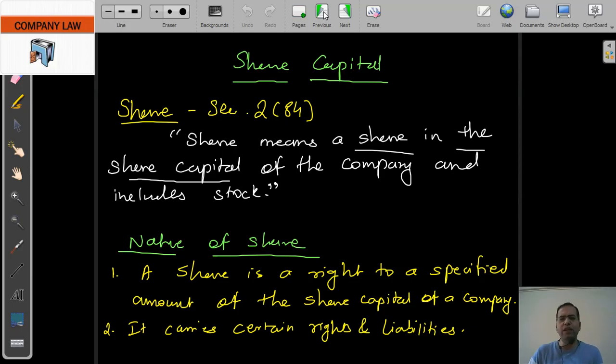I may be holding, let's assume, 0.0001% of the shares, but still I will be called an owner. It carries certain rights and liabilities. So shares always carry certain rights and liabilities. We should not forget it. So what kind of rights and liabilities? It depends on the type of share capital, whether you are having equity shares, differential voting right shares, or preference shares.